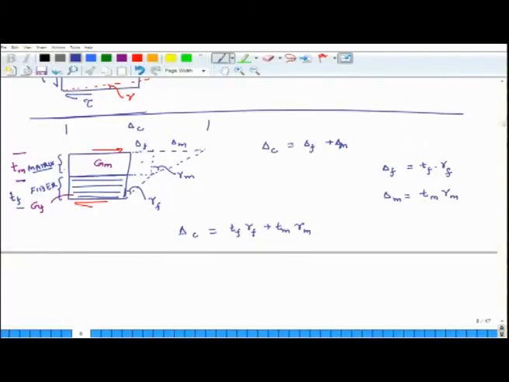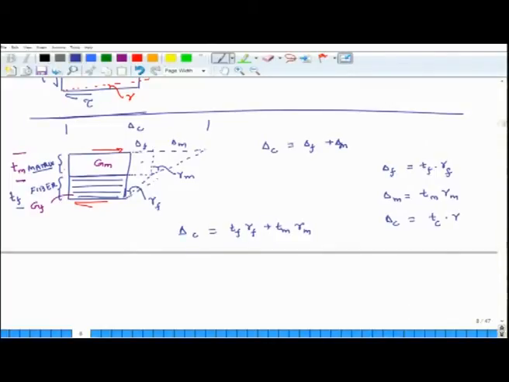And I can also say that delta C is what? Total thickness of the composite Tc, which is Tf plus Tm, times the total change in angle.